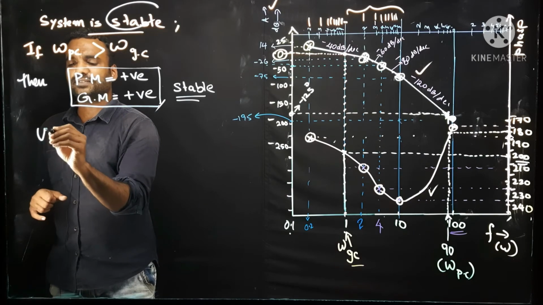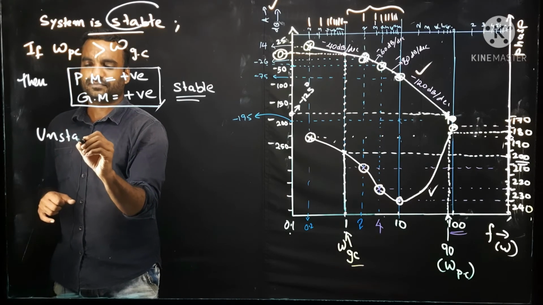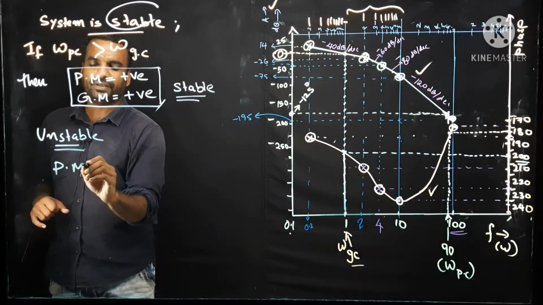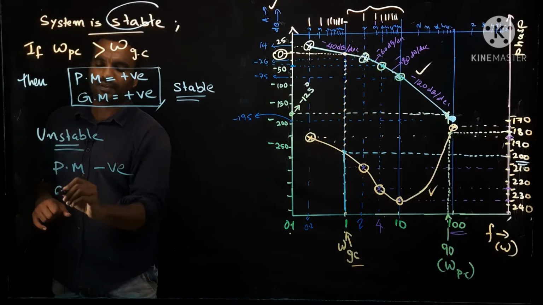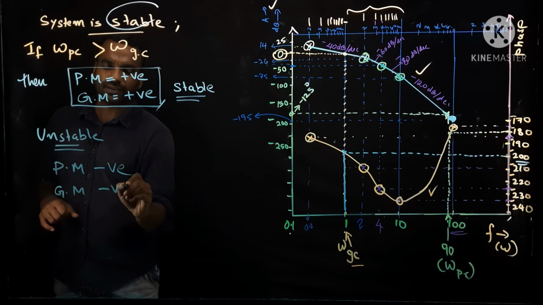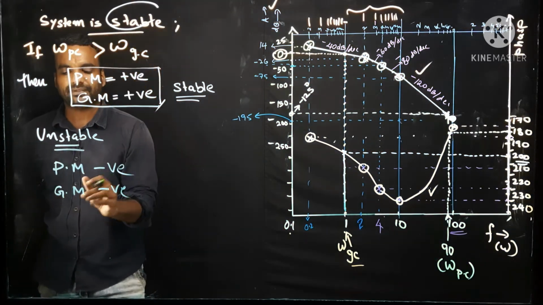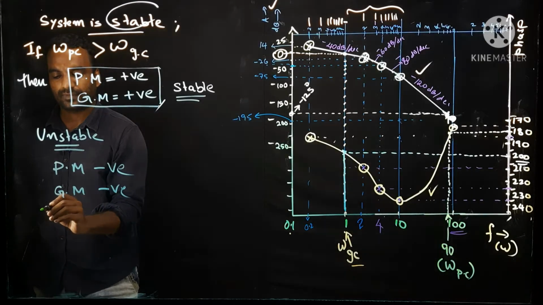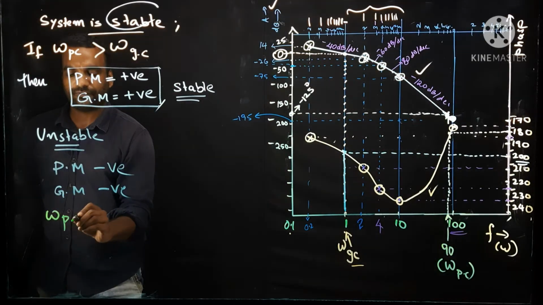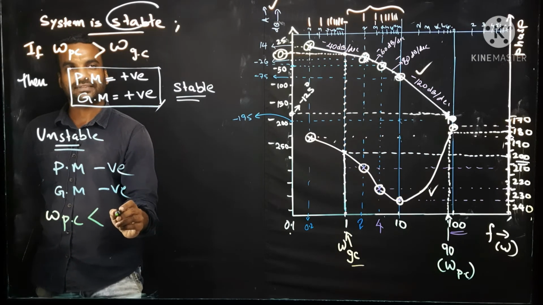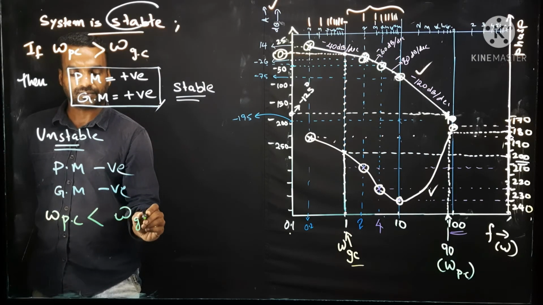Next, if it is unstable, then phase margin should be negative and gain margin is also negative. In such a case, if we check omega pc and omega gc, we can see the phase crossover frequency is less than the gain crossover frequency.